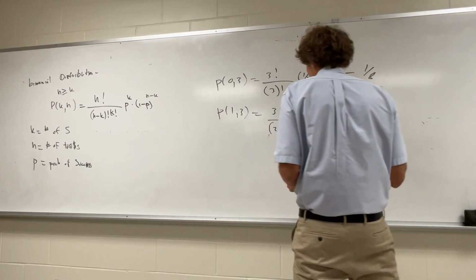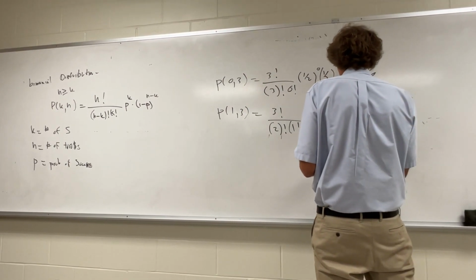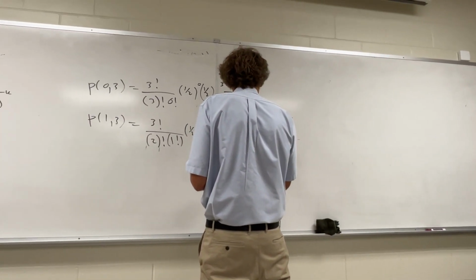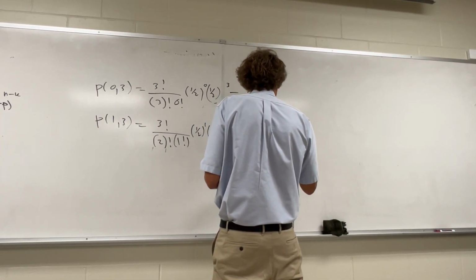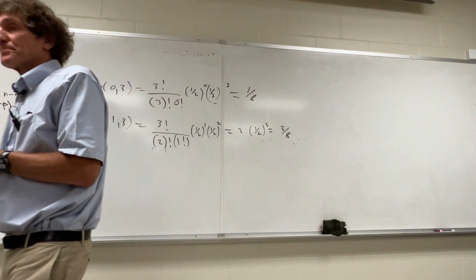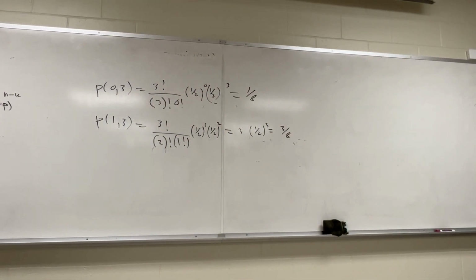And if you look at this for a second, it's really 3 times 1/2 cubed, or 3/8. Does everybody follow me on that? I'm just trying to make a point about this, and you'll see what.